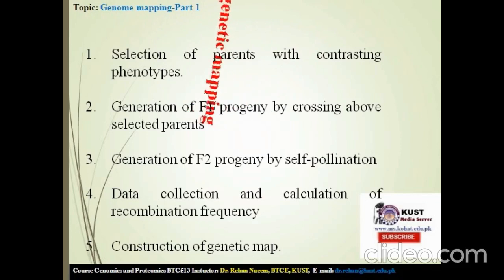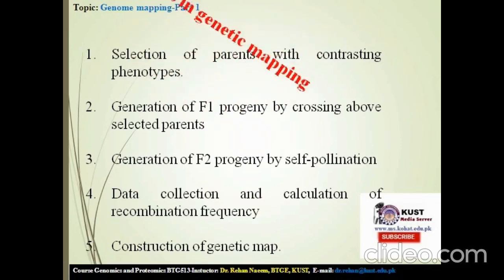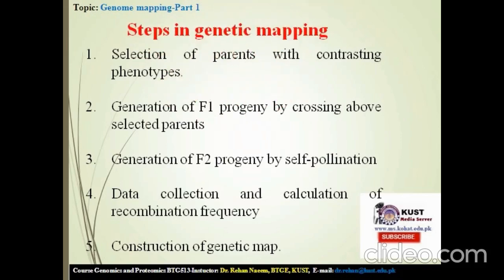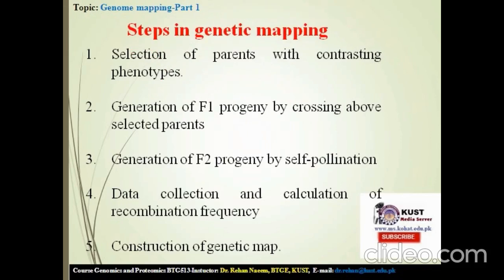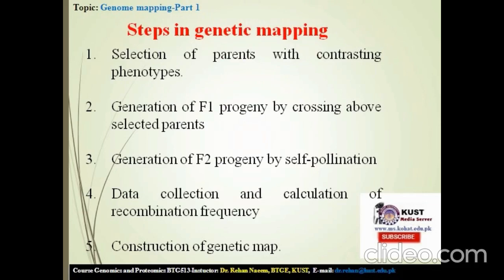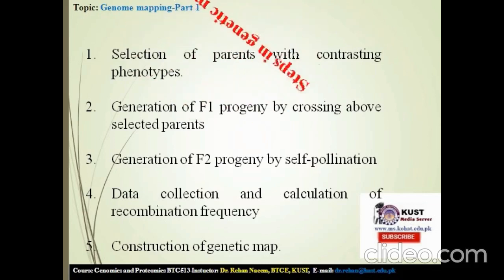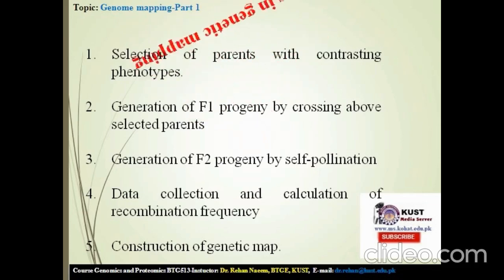By crossing those, the first generation is called the F1 generation, or first filial generation, and by crossing the first filial generation, we can get the second filial generation.